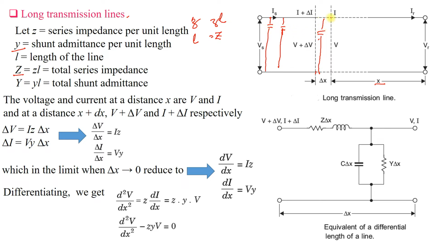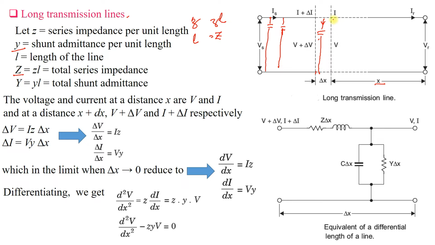So you can see that if I is the current at this point, there will be some charging current flowing through this capacitor. That means current at this point will be more than this, because IR will always be less than IS, because IS will be equal to IR plus all the charging currents here.